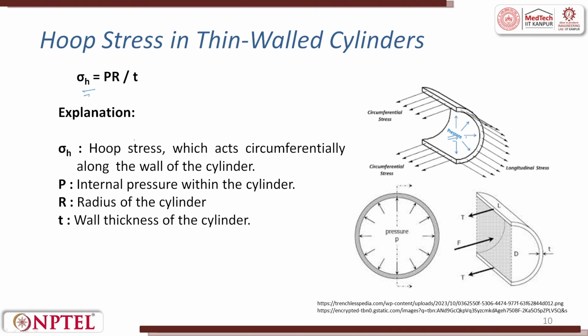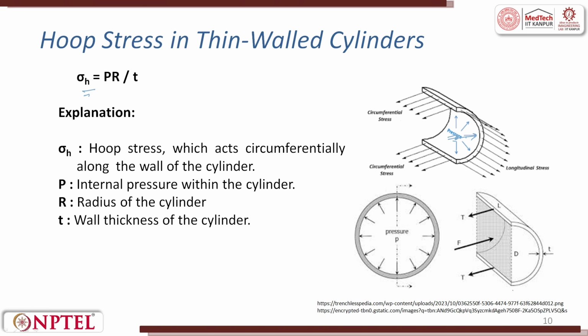Then R is the radius of the cylinder and T is the wall thickness. So, the stress that is calculated will be equal to pressure multiplied by the radius of the circle or the cylinder, divided by the wall thickness T.